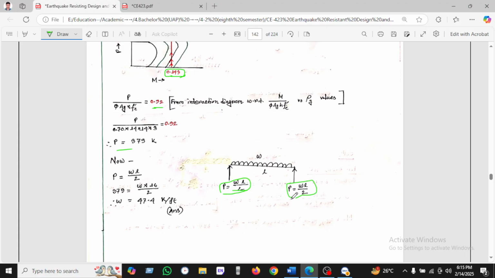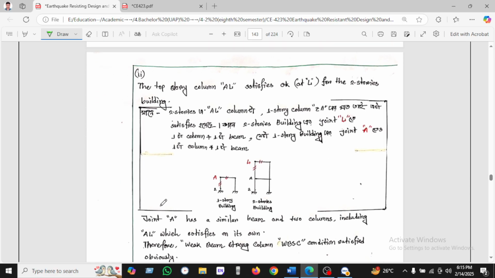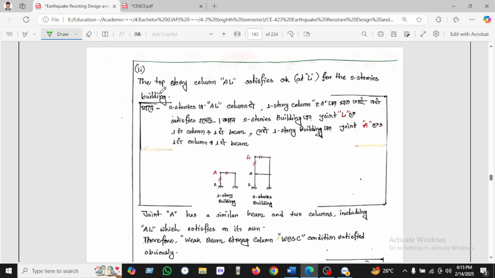Now we are using W, and the support will be W divided by 2, and this will be W divided by 2, and the W will be 47.4 kip per foot. You can see here the top story is satisfied for the two-story building.